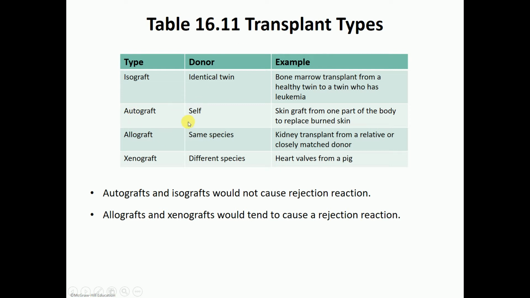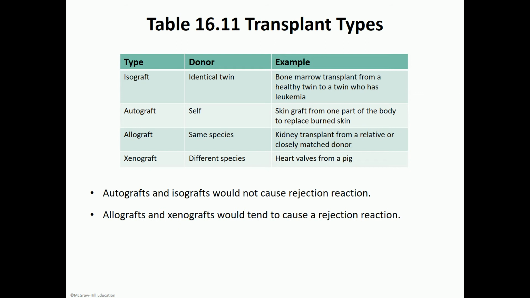Autograft, where you are donating tissue to yourself. So let's say a patient comes in and they have a huge scar because of a previous burn. Well, we can take a part of the skin from another part of the body, put that skin on to replace the scar, and then the part of the skin where you took that donation from will regenerate and produce healthy skin.